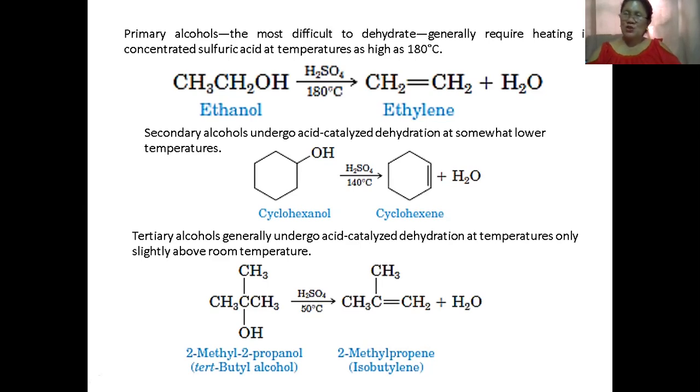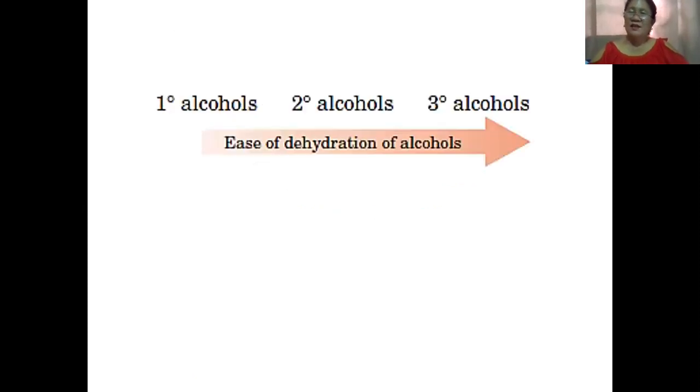Primary, secondary, tertiary. It is easier to carry out dehydration in the tertiary, followed by the secondary, and the hardest is the primary. You need a higher temperature in dealing with the dehydration of primary alcohol.